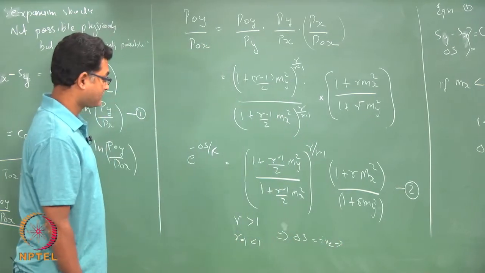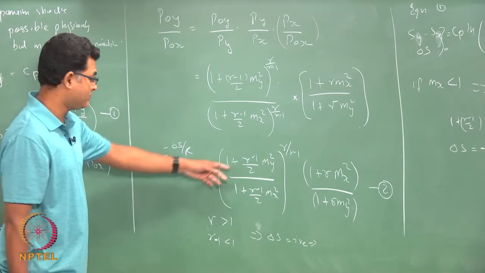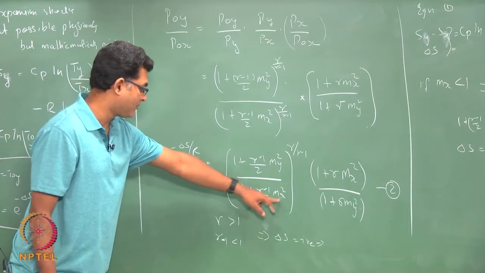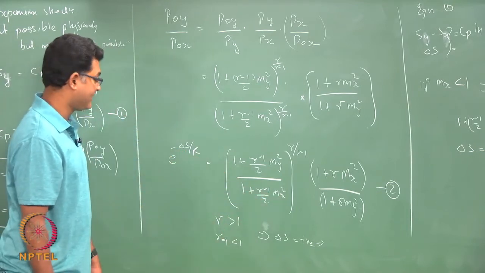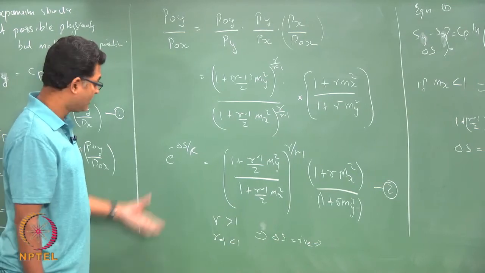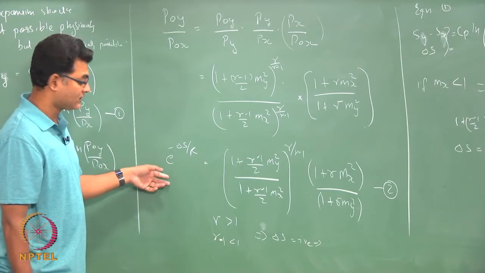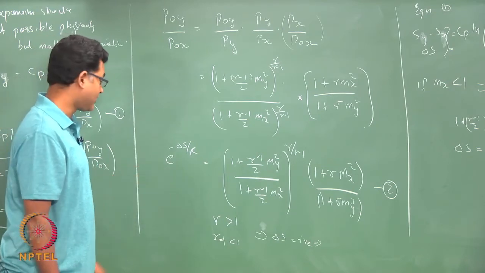Okay. For mx less than 1. For mx greater than 1, this equation still holds, and you can show that this is going to be a positive quantity.